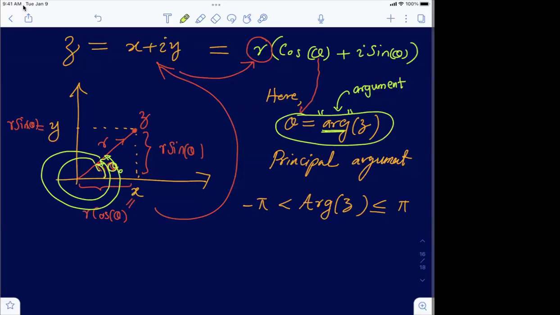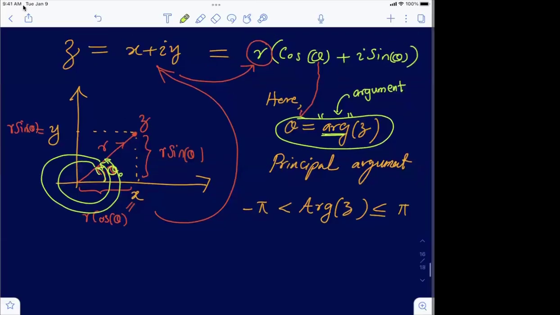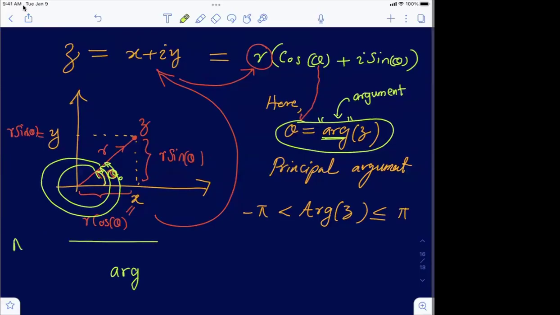In complex numbers, we will see this scenario frequently revisiting. There are certain relations that we call multi-valued functions. For instance, whenever we consider z, what is this arg? More precisely, I will indicate it in notation.